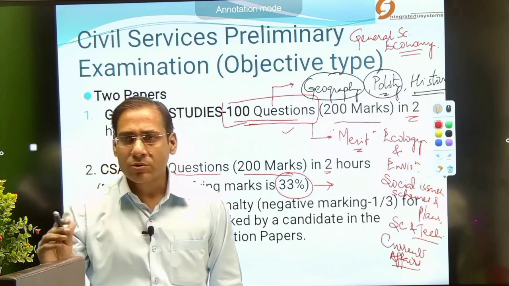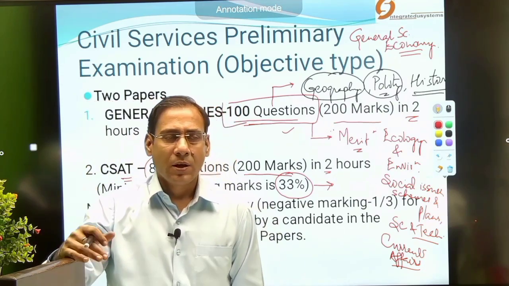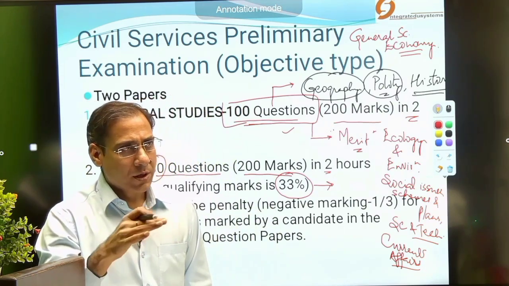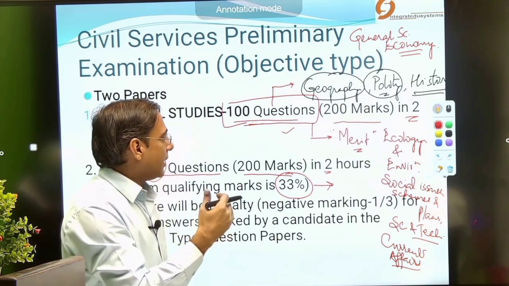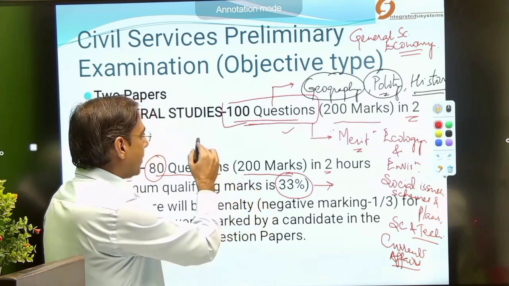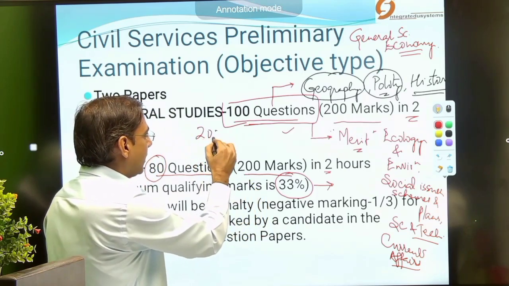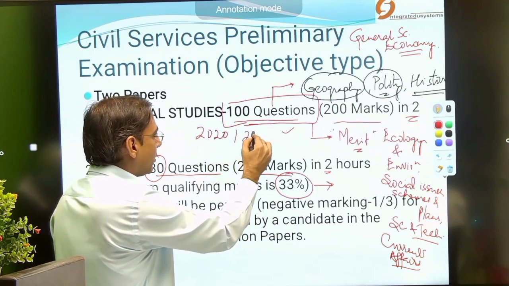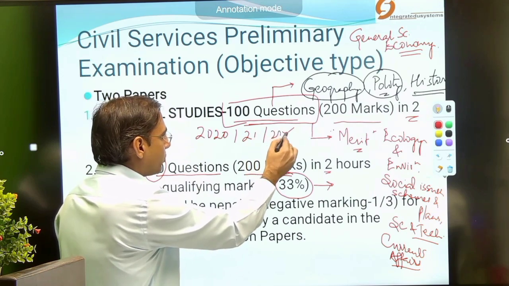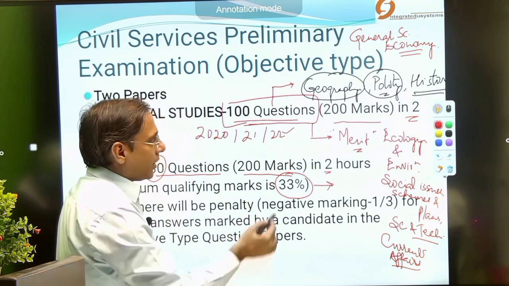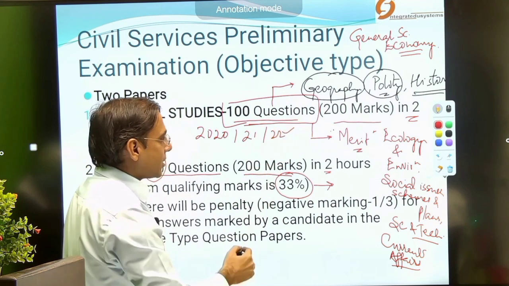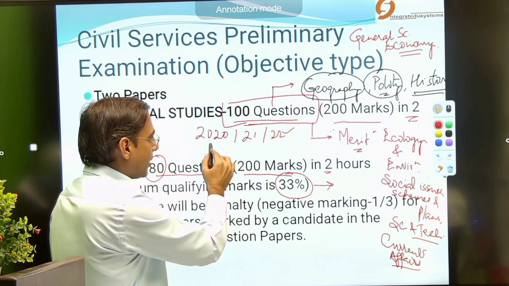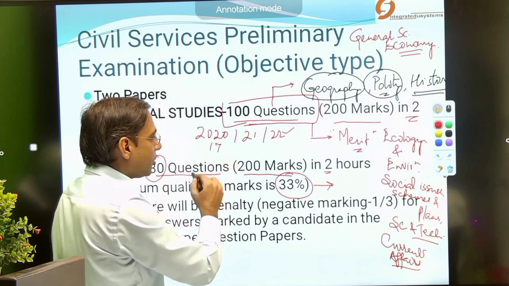According to my own observations of the 2020, 2021 and 2022 preliminary papers, from the polity section in 2020 I observed almost 17 questions.